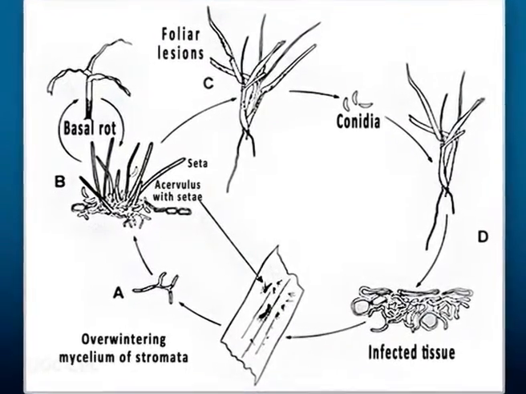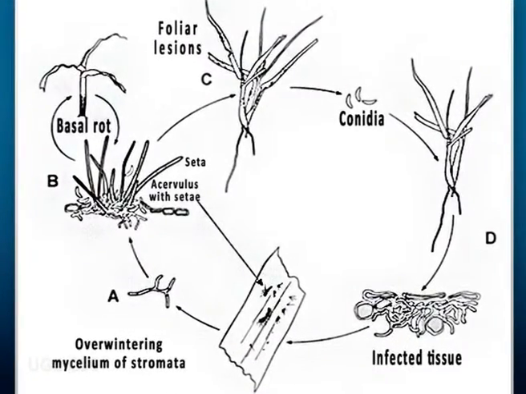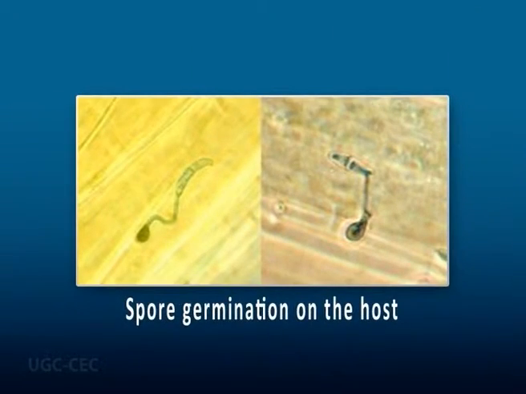A penetration peg emerges from a pore in the appressorium and penetrates plant epidermal cells directly. Penetration of the epidermis is closely followed by production of a single irregularly shaped infection hypha. One or more branches from the infection hypha then invade the host.